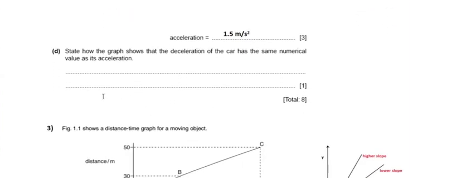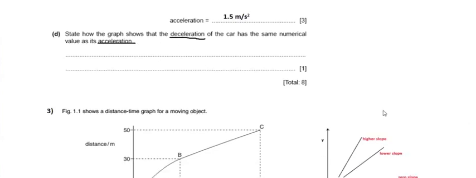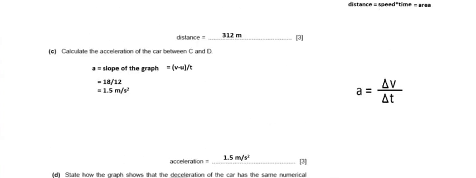Now part D of the question is: state how the graph shows that the deceleration of the car has the same numerical value as the acceleration. Whether we calculate the deceleration or the acceleration, deceleration is nothing but negative acceleration, that is to be calculated with the slope only.